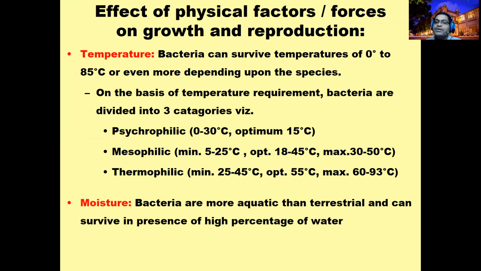But normally, if bacteria want to multiply, they expect moisture to be maintained at 60% RH to 80 to 90% RH, so that they can survive well. This is how bacteria survive under terrestrial or solid culture.